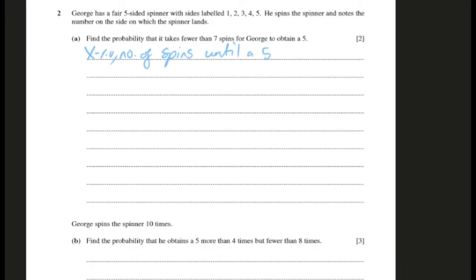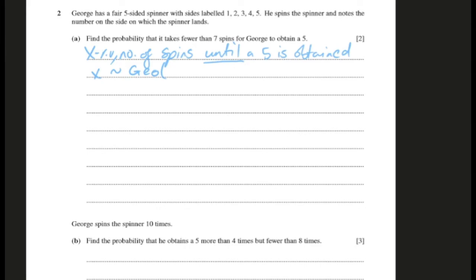So this 'until' means that we're looking for our first success. So it means we're looking at a geometric distribution, and we're told that it's a fair 5-sided spinner, so the probability of getting a 5 is a 1 in 5 chance, which is 0.2.